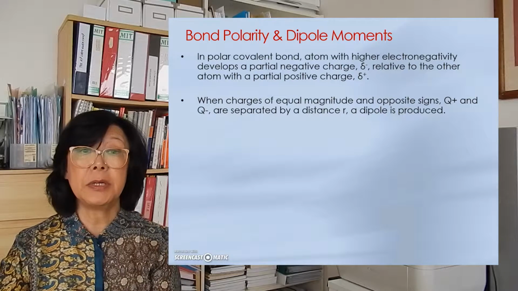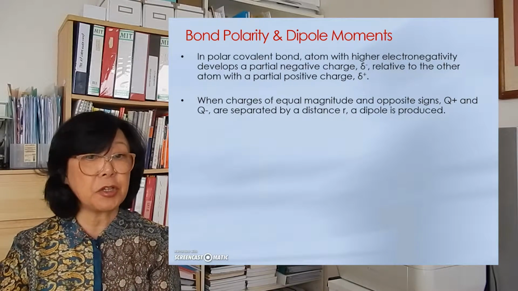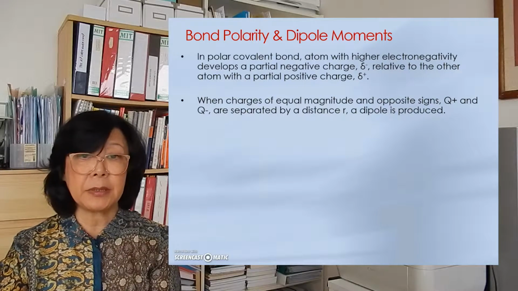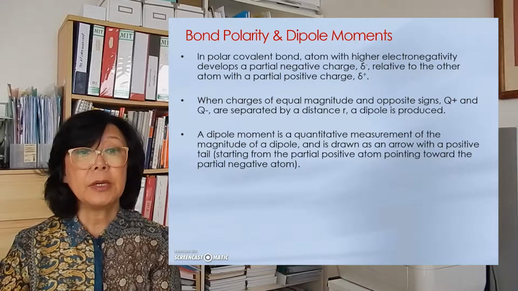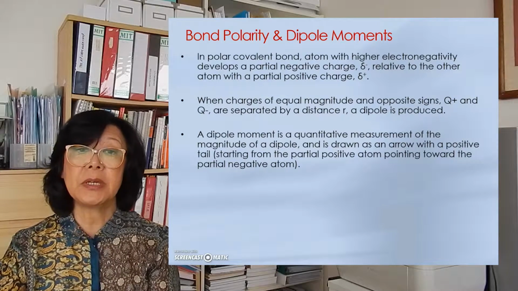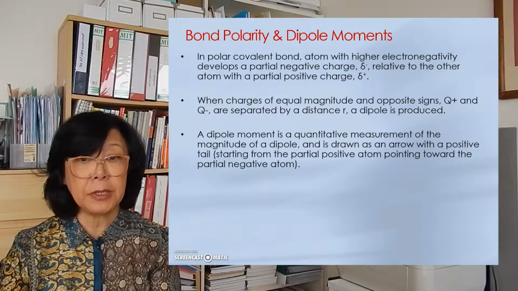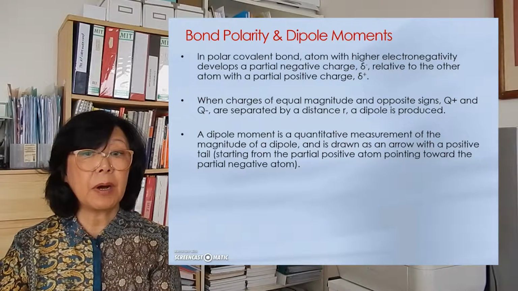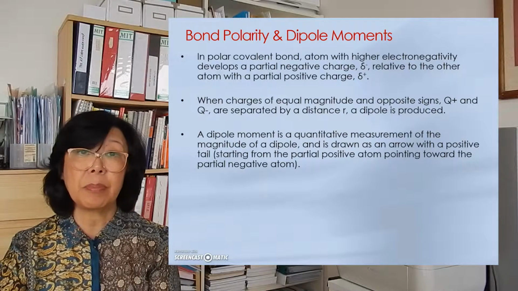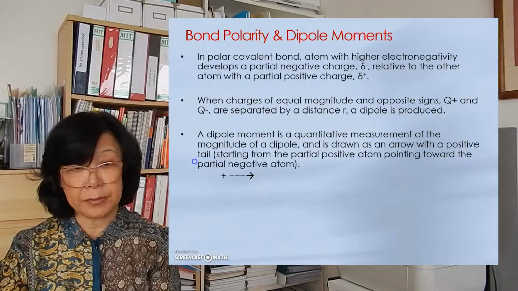When charges of equal magnitude but opposite in sign, Q plus and Q minus, are separated by distance r, a dipole is produced. A dipole moment is a quantitative measurement of the magnitude of a dipole, and it is drawn as an arrow starting from the partial positive atom, so with a positive tail, pointing toward the negative atom.